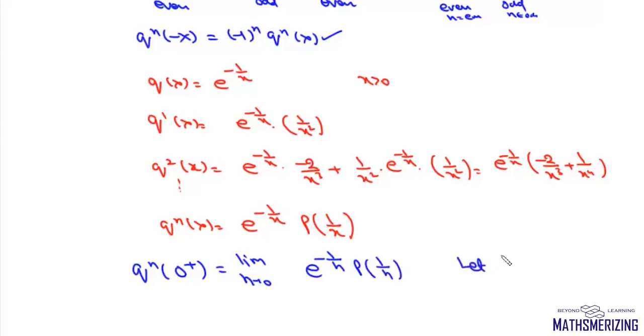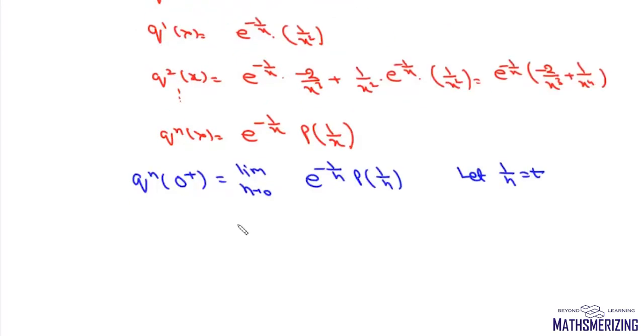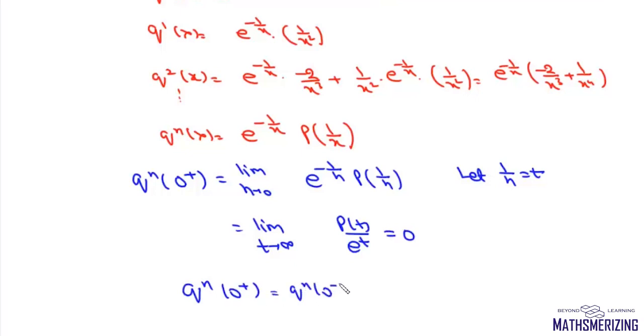If we let 1 upon h as t, we can write this as the limit as t tends to infinity of p(t) upon e to the power t, and this we have already established in part A is equal to 0. So from here we can say this q^(n)(0) positive will be equal to q^(n)(0) negative and it will be equal to 0. That is, this q^(n)(0) will exist and it is equal to 0.